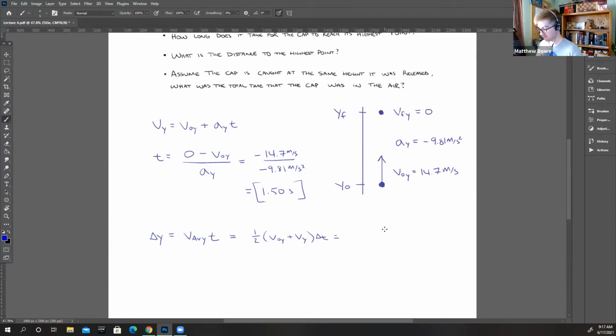Plugging values in, we get 1/2 times 14.7 meters per second, that's the starting velocity, plus its ending velocity, multiplied by how long it took to go from the bottom to the top, 1.5 seconds.